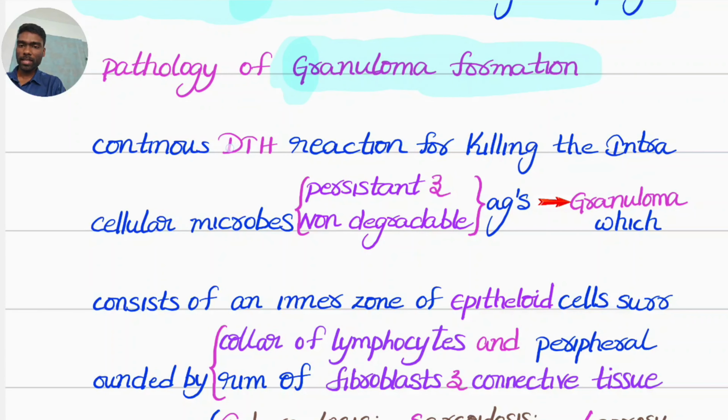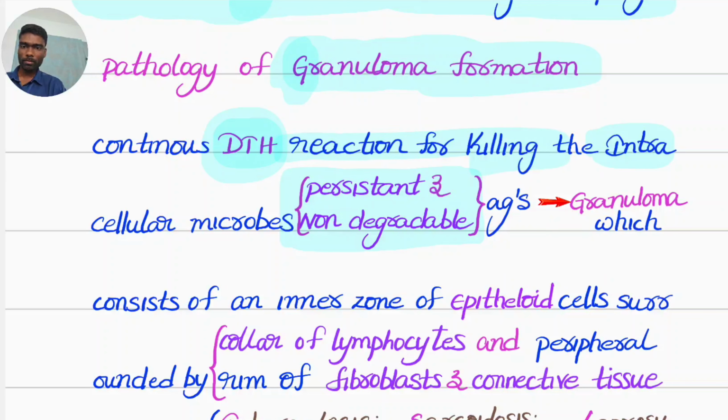Continuous delayed type hypersensitivity reaction. Why will it occur continuously? Because of intracellular microbes which are persistent and non-degradable, unable to be killed. Then continuously the delayed type hypersensitivity cells will try to kill them by activating macrophages. Macrophages release lytic enzymes.